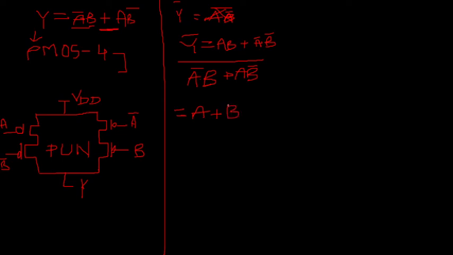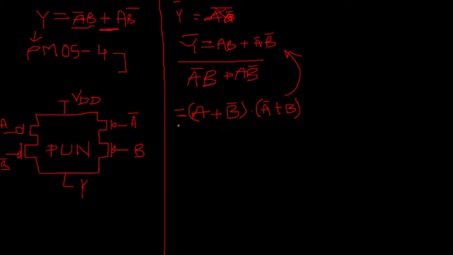Then plus will become dot, then A bar, dot will become plus, and B bar means B double bar, that will become B. So when you open this, you will get this equation. So either you can implement this or this, it is up to you.